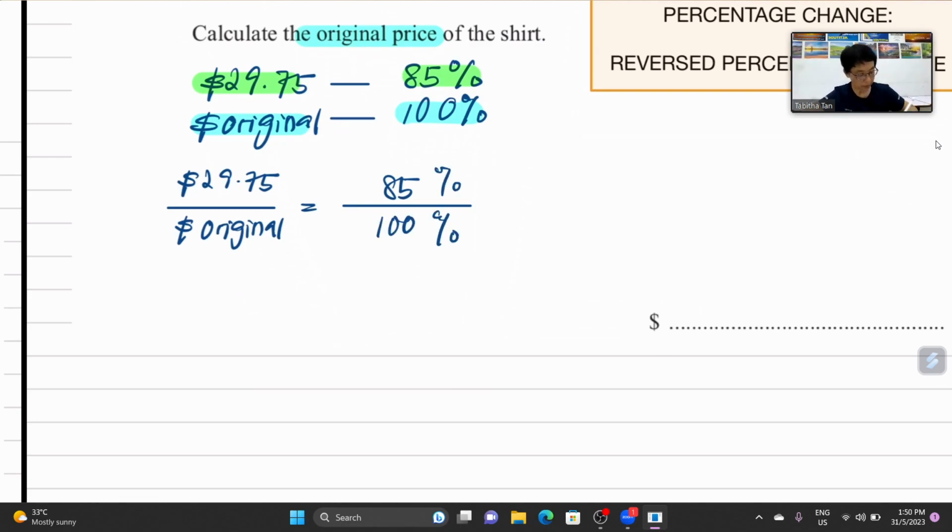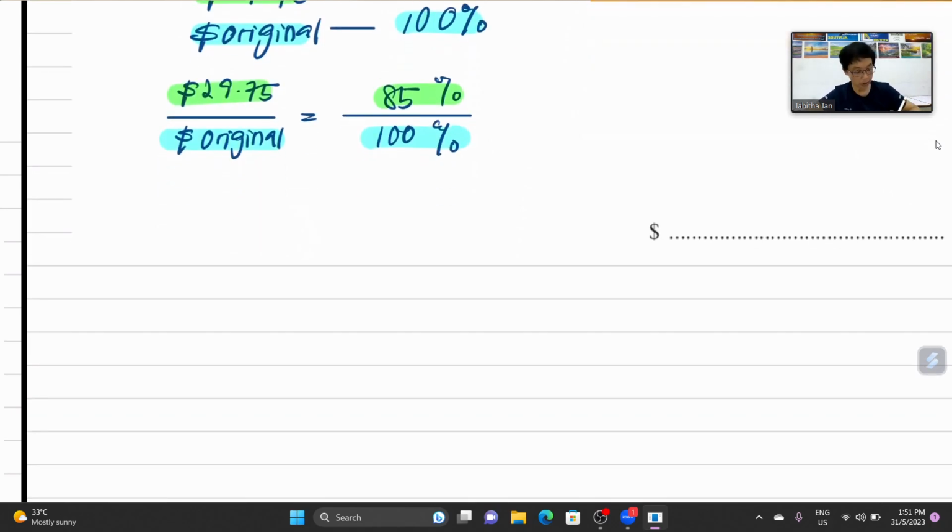Again, let me emphasize what I do. I didn't do maths, but I just arranged accordingly. And as long as you arrange them correctly, that works.